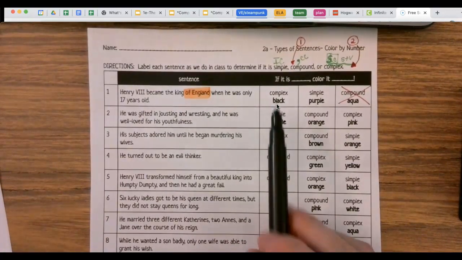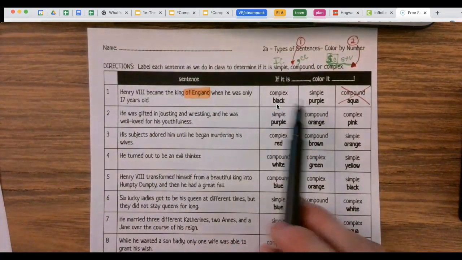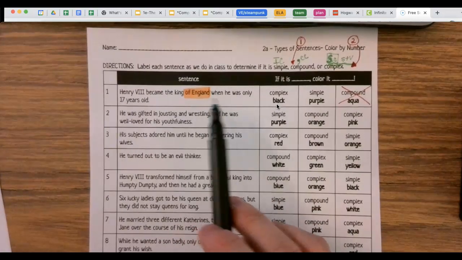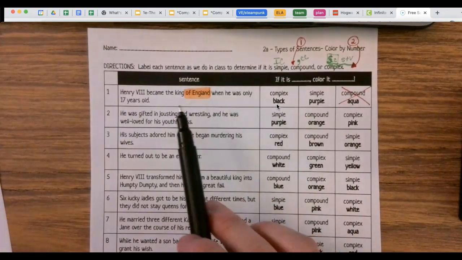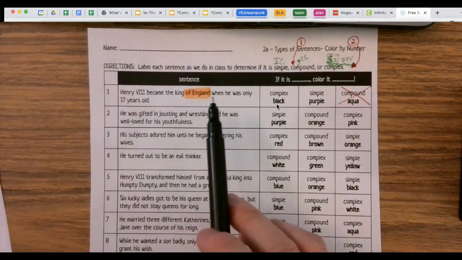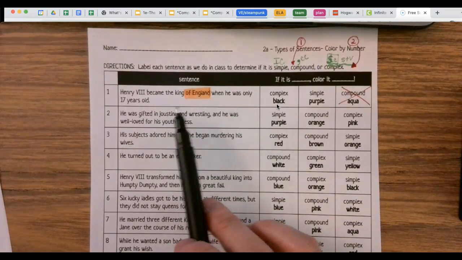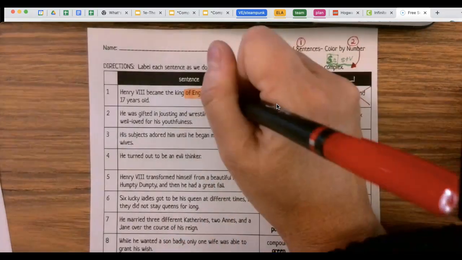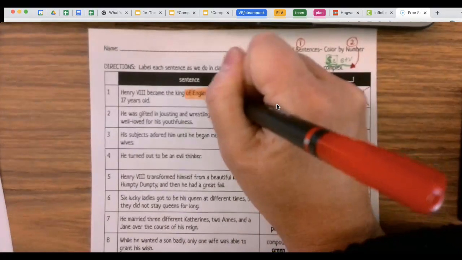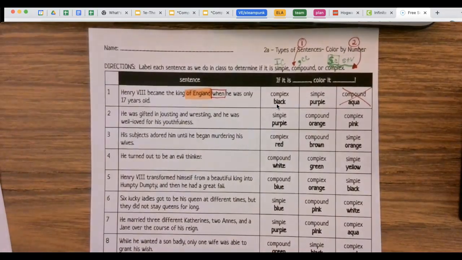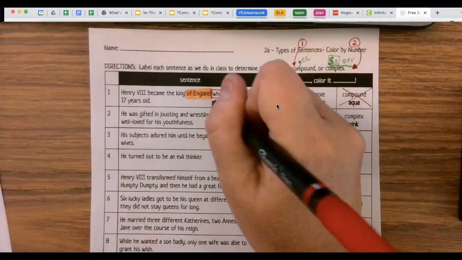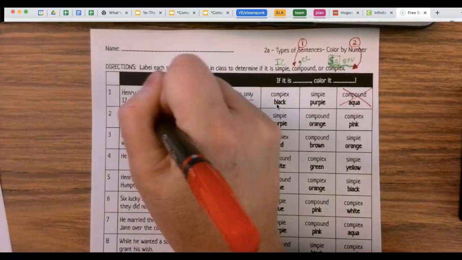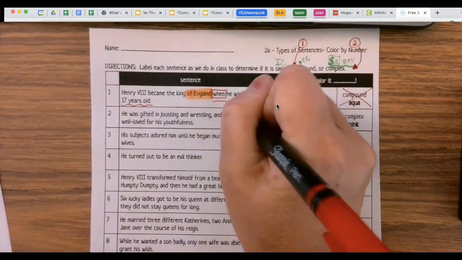So now I have to decide between complex and simple. So I'm going to look to see, do I see a subordinating conjunction? Henry VIII became the king when he was only 17 years old. And I do. I see when is a subordinating conjunction. When what? When he was only 17 years old. That is a dependent clause.